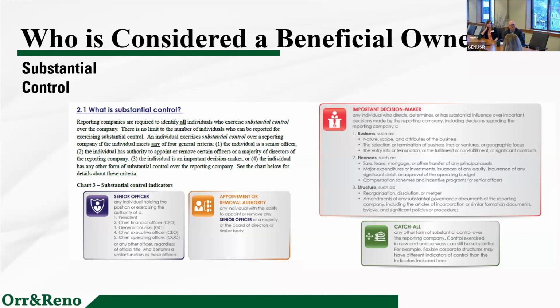There's also this kind of weird thing, although when I thought about it, it makes sense. An individual who has the ability to appoint or remove one of those senior officers or a majority of the board has to be reported. And where we might see this on a practical basis is sometimes in an LLC, in the operating agreement. A certain member might have certain rights that they could appoint a replacement manager.